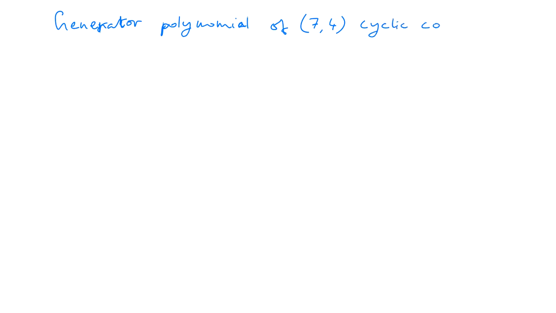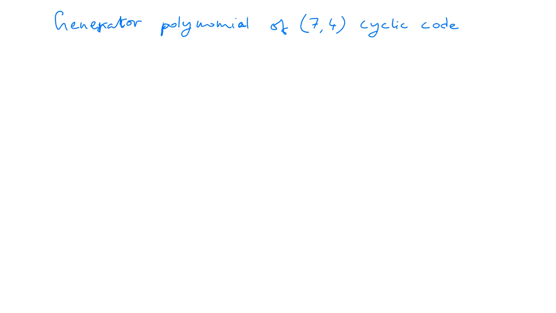To generate the cyclic code, we use what is called the generator polynomial. Generator polynomial of cyclic code.